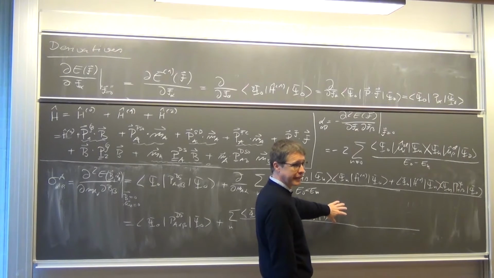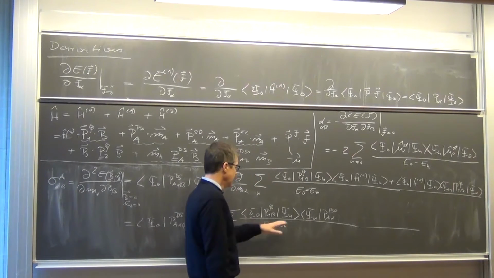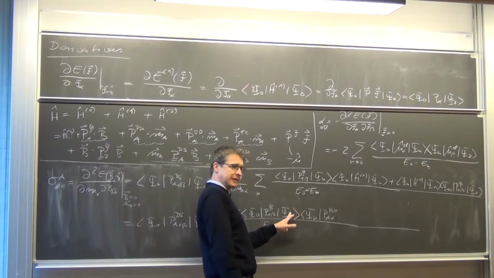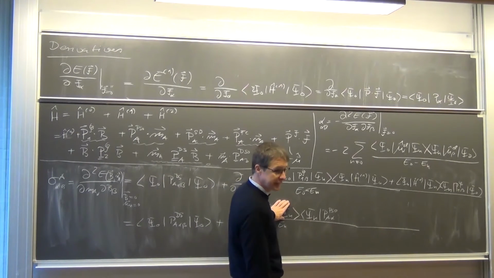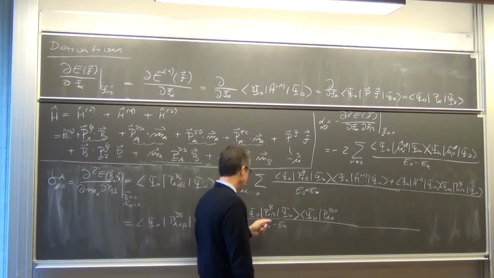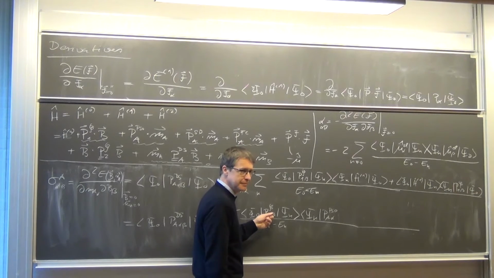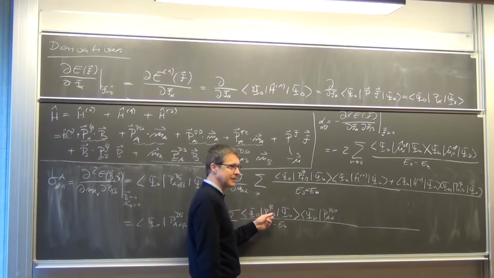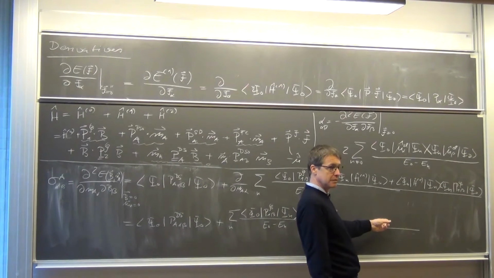So if I do a spin integration, I only get something if this is a triplet state. But this state is the same as this state, so if this is a triplet state, this is the same triplet state. But here I have an operator which includes no spin. So for this transition moment to be different from 0, psi 0 had to be a triplet state. But I started out with a singlet.